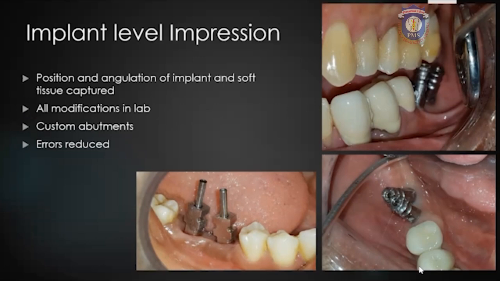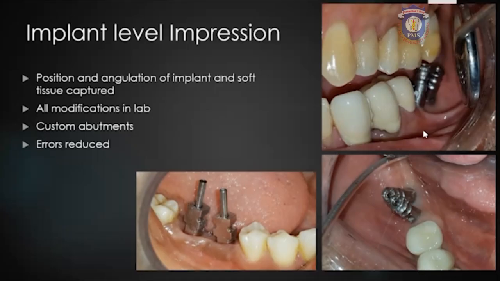So now, when we have a cast with an implant replica, we can easily see the margins of the abutment, make necessary changes to the abutment, or even fabricate a customized abutment as per the needs. The chances of error are reduced, the amount of milling of the abutment in the patient's mouth is reduced, and the chairside time is also reduced.